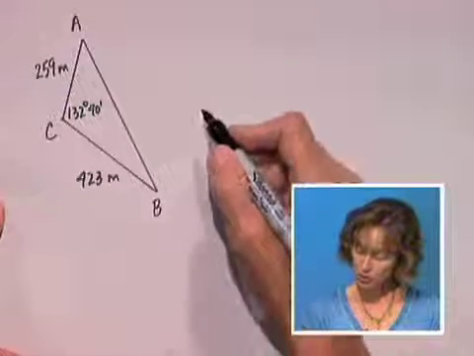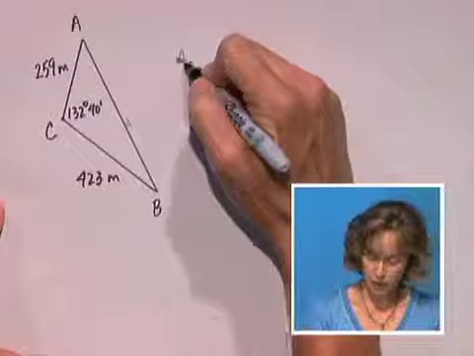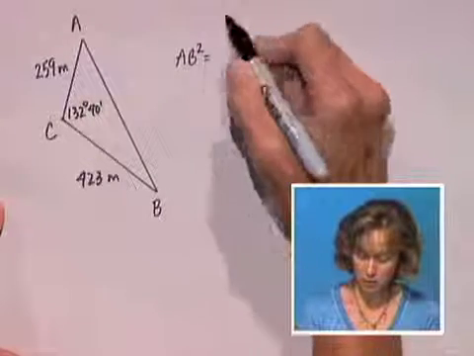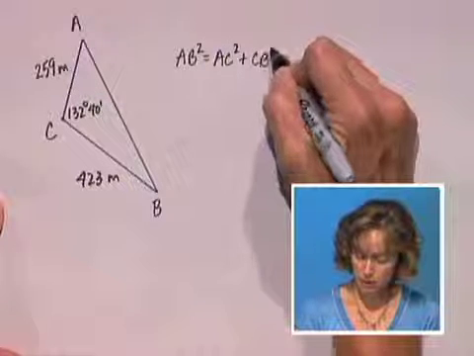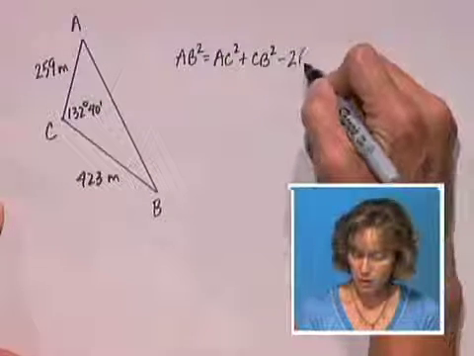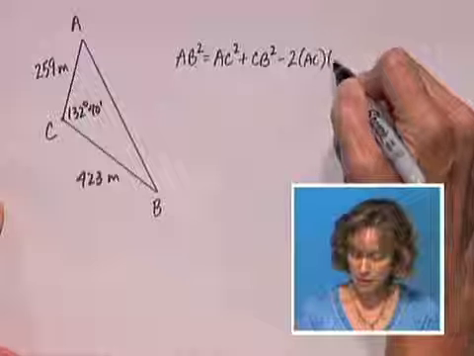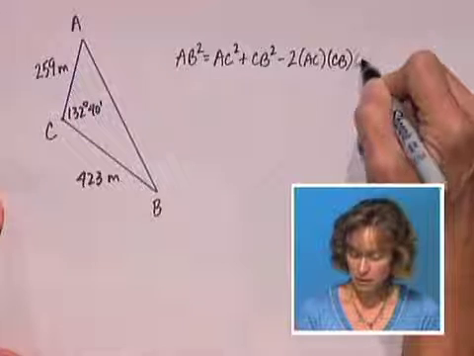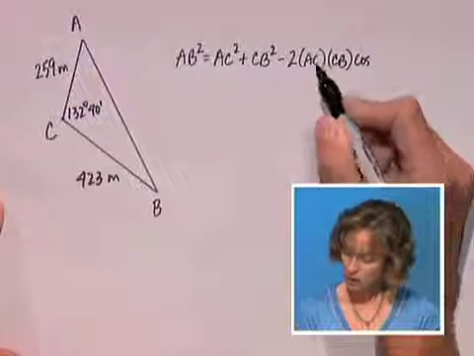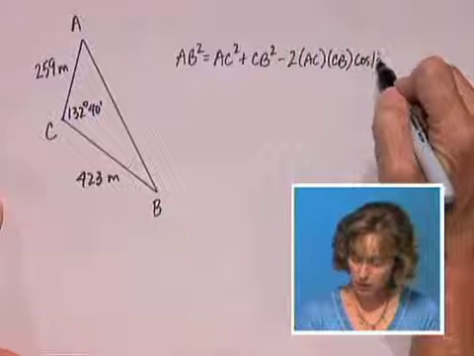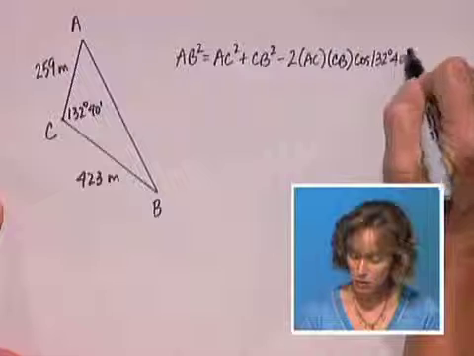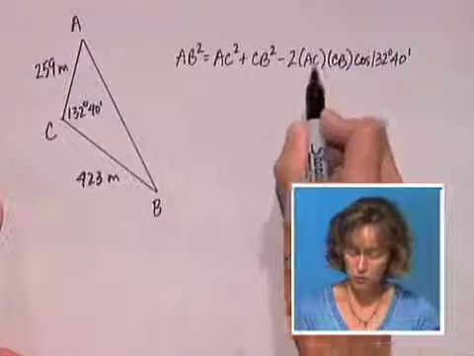According to the law of cosines, side AB squared is side AC squared plus side CB squared minus twice side AC, side CB, times the cosine of the angle between them. The cosine of the angle between them, I'm just going to go ahead and write in, is 132 degrees 40 minutes. And then I'll fill in these values.